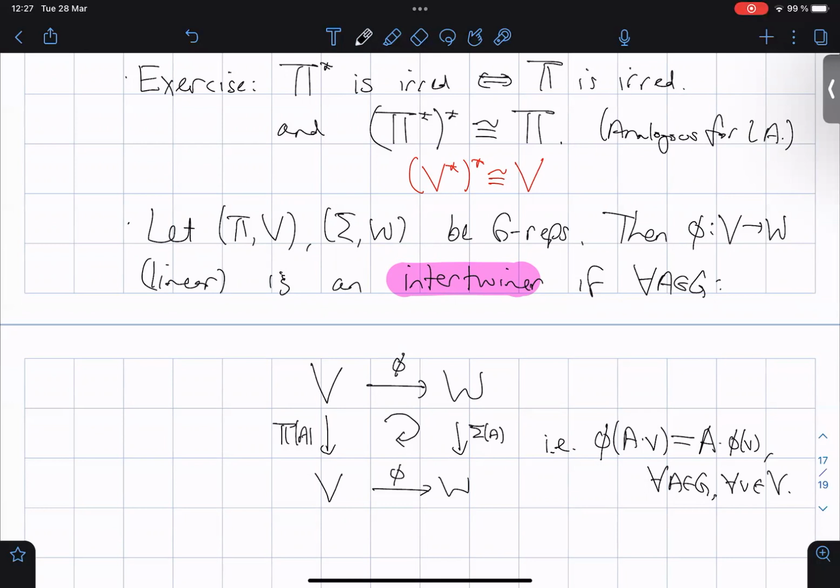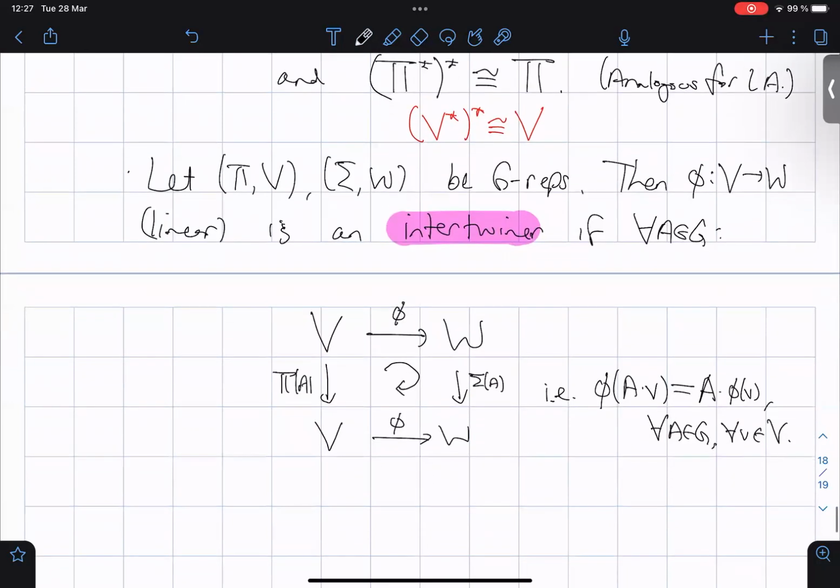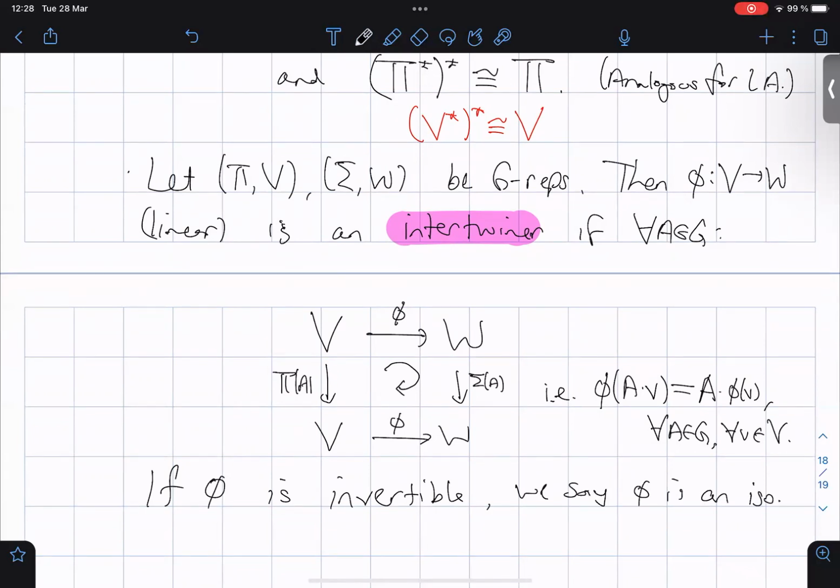Rather, it's mimicked in the invertible case, but if phi is invertible as a linear map, we say phi is an isomorphism.